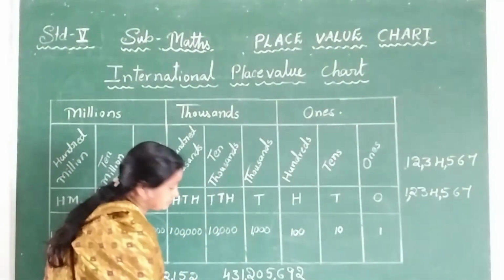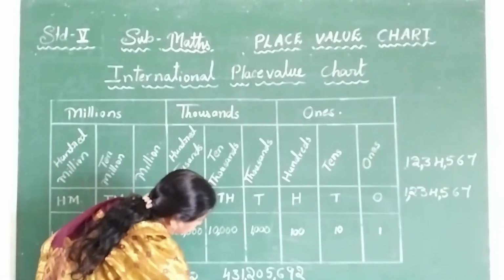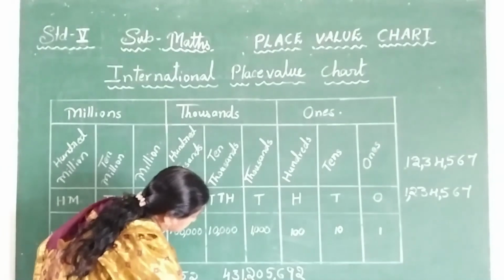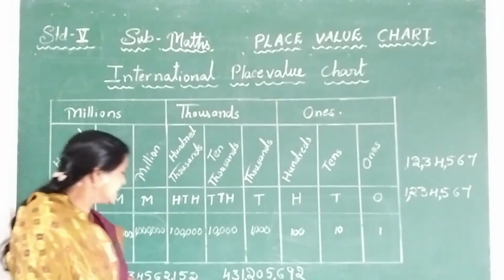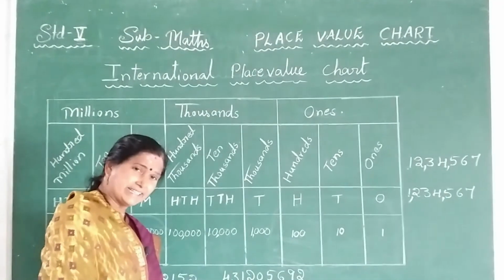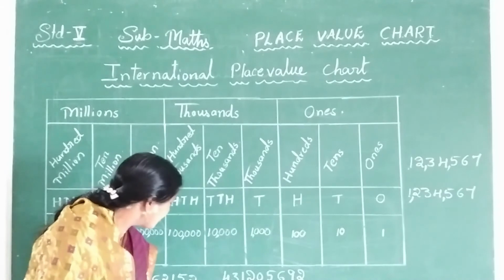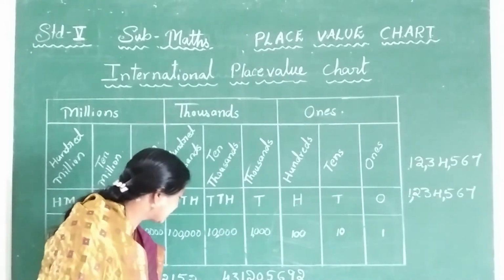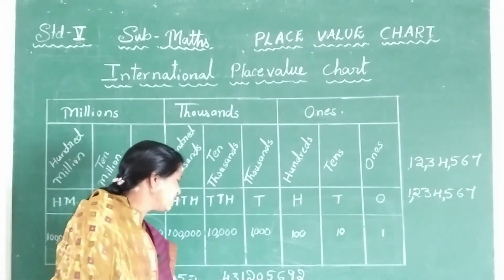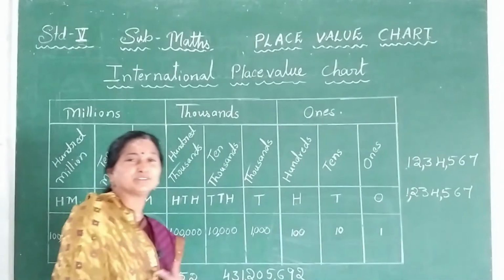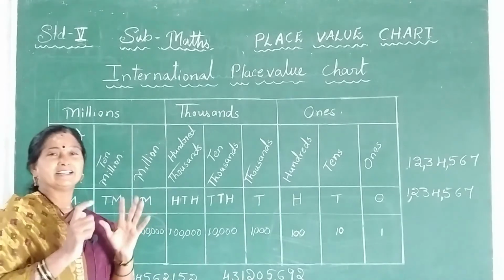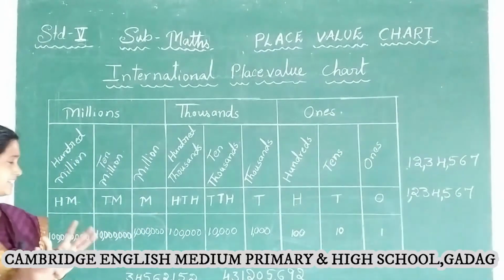Put comma. 1, 2. Put comma. 1, 2. Put comma. See. According to Indian system, 43 crore 12 lakh 5,692.